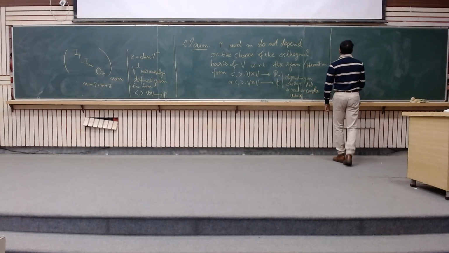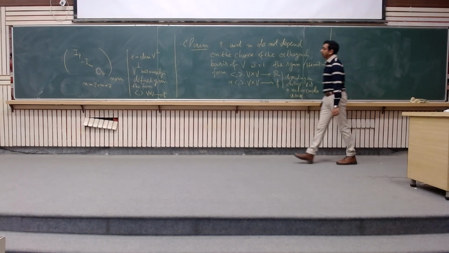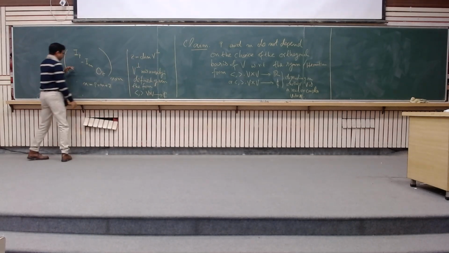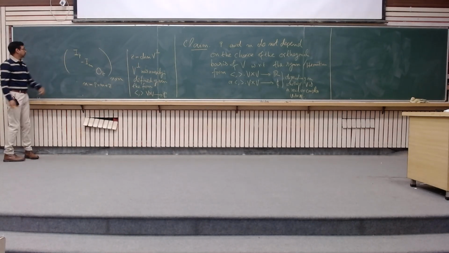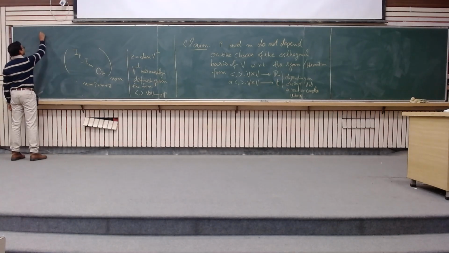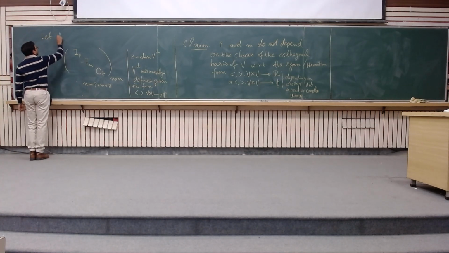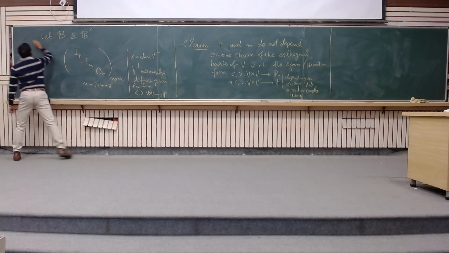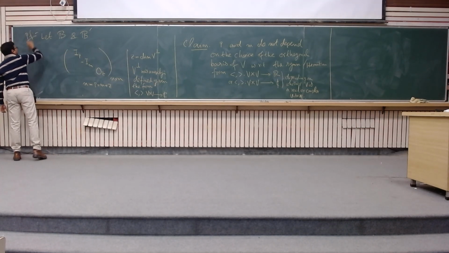All right. So suppose now we have an orthogonal basis with respect to which the Gram matrix is of this form. This is the proof that we already started.